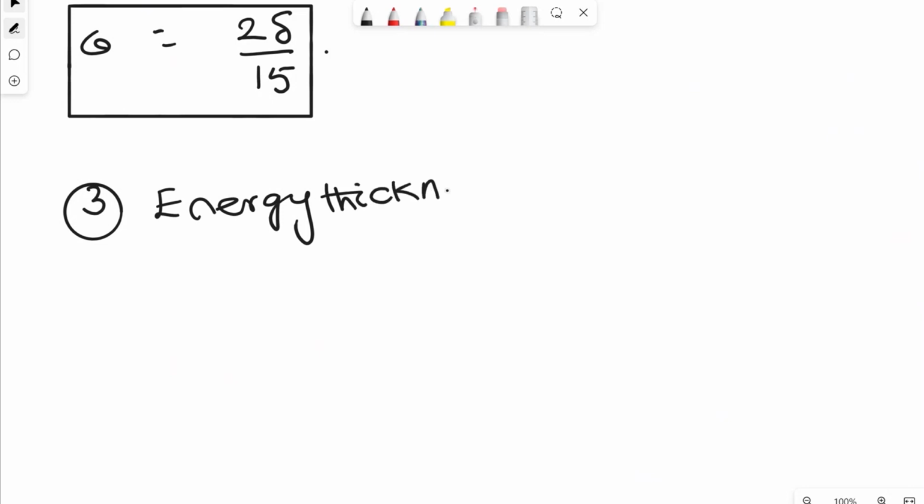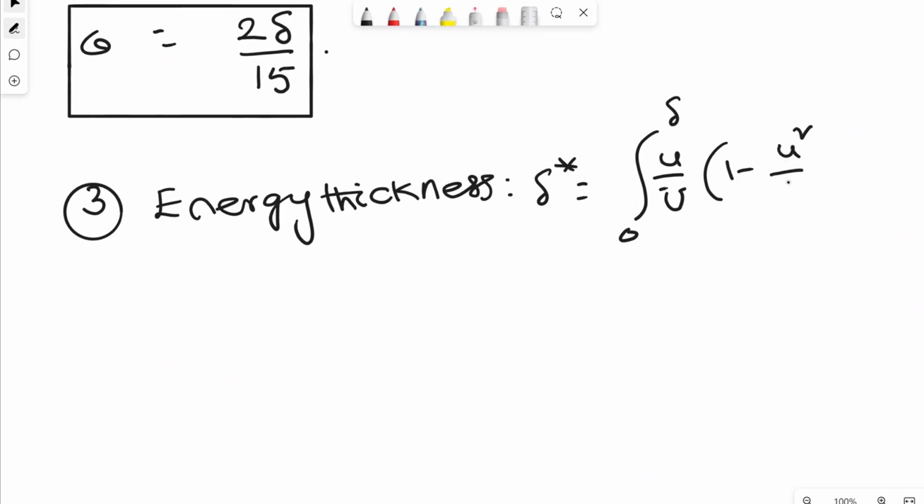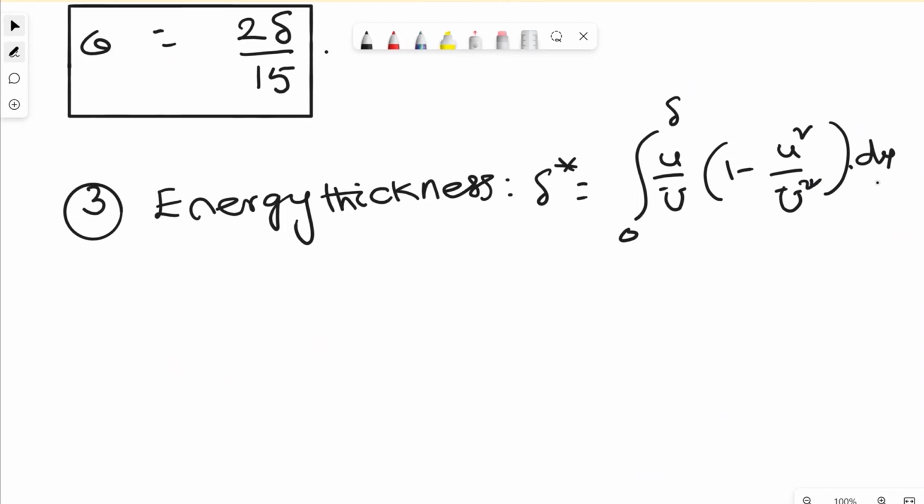Energy thickness, delta double star, is equal to the integral from 0 to delta of u by capital U into 1 minus u square by capital U square, dy.